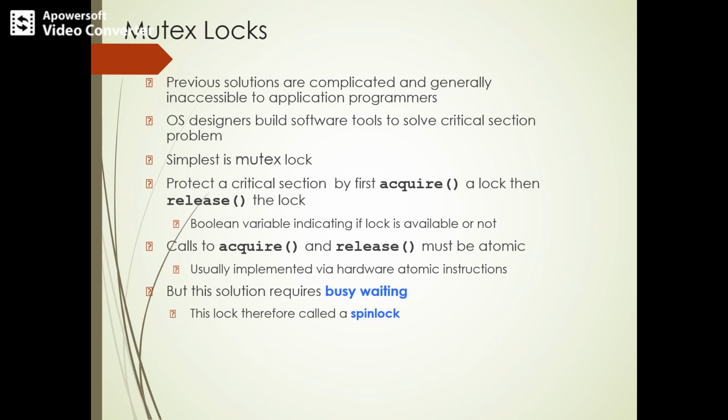So it uses two procedures. When a process needs to access a critical section, it checks the condition for mutex lock. If the mutex is currently unlocked, then the calling process enters into the critical section. So mutex variables have only two states, and that's why it is very easy to implement. And simplest is a mutex lock.